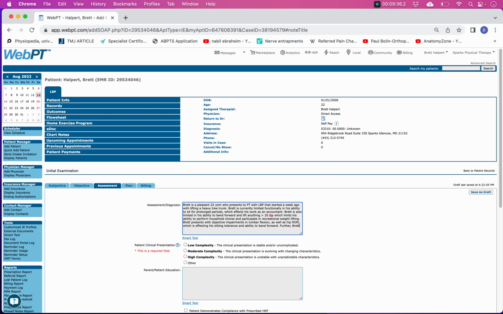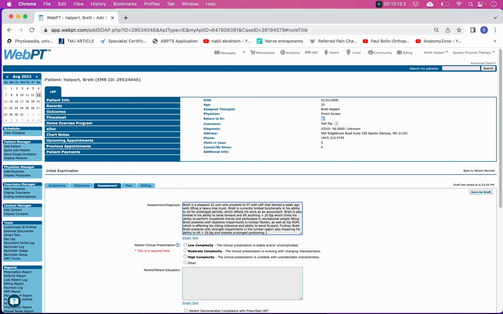Further, Brett presents with strength impairments in the lumbar region, also impairing his ability to lift over 20 pounds and tolerate prolonged positioning.